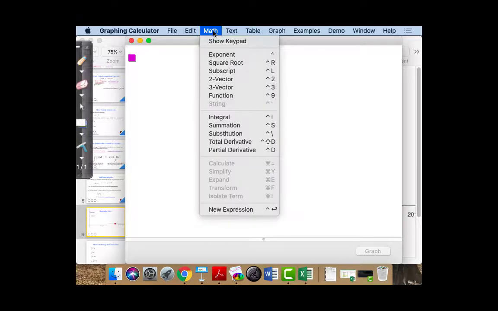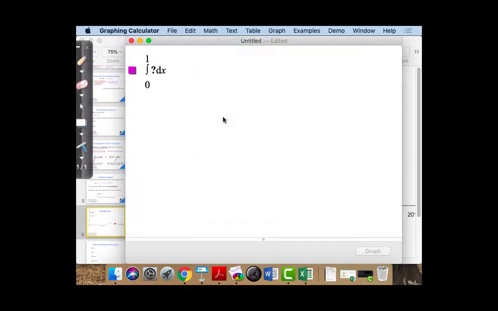So under the math menu, there's lots of things, but one is integral. And it gives you an integral, with kind of outsized letters here, but from 0 to 1 dx. Well, I didn't want 0 to 1. You can change those. I wanted 2 to 5. And it says dx. Instead of trying to change the dx, I'm going to type in my formula in terms of x's.